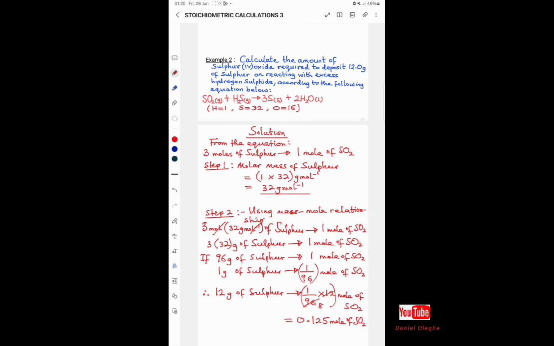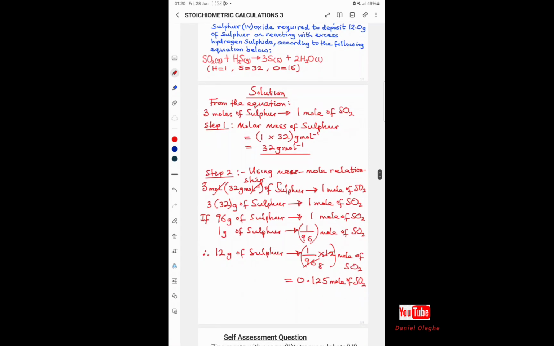The next thing is change the mole of sulfur to mass. You calculate the molar mass of that sulfur, and that is 32 grams per mole. Then the next thing is to change the 3 mole of the sulfur to the mass in gram by multiplying 3 mole and 32 grams per mole together, and that gives us 96 grams. That's the equivalent mass in gram of the 3 moles of that sulfur.